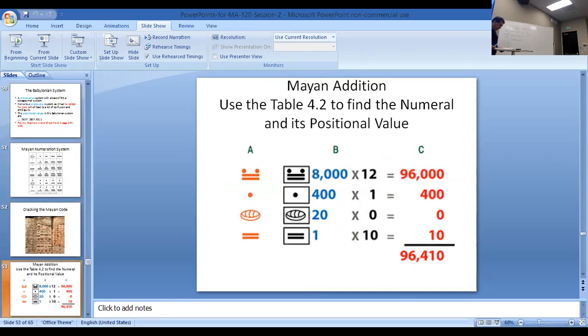page 198. If you look at page 198, you have table 4.2, the Mayan numerals, and there you have the place value. If you have that kind of a number, the first number, what's its position?